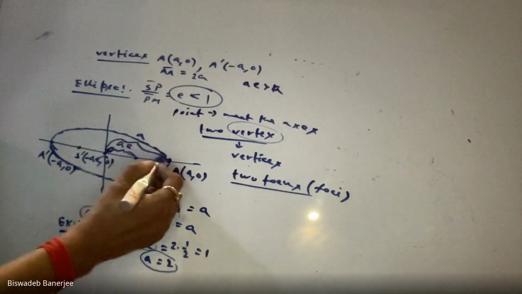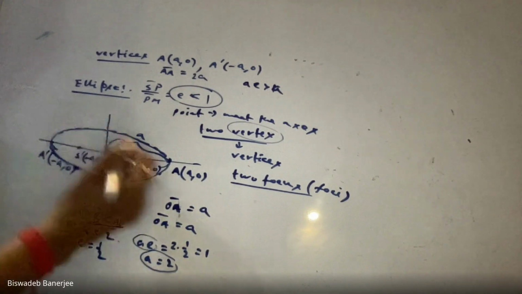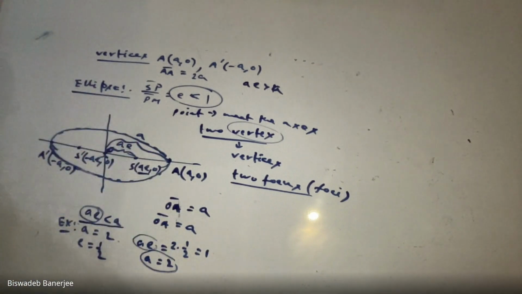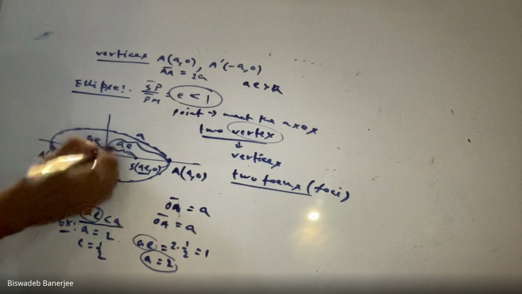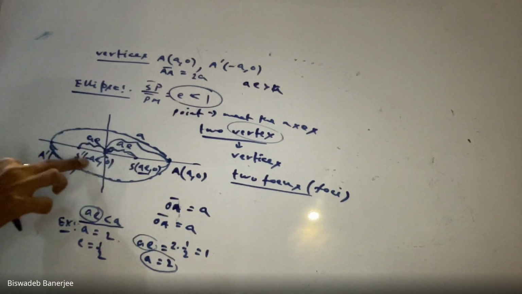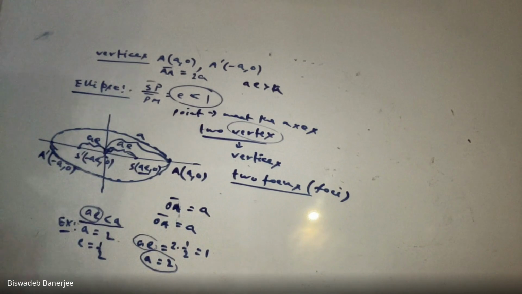This length is my a and this length is my ae. This length is also ae, but since it is in the negative direction, there is a minus sign. Clear? Now, important concept.